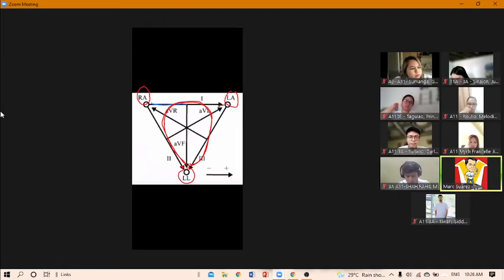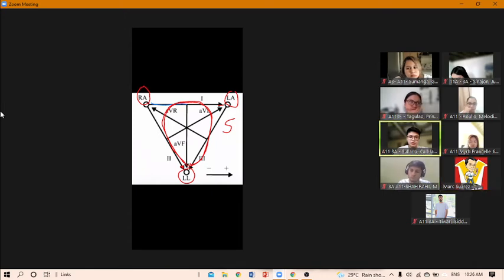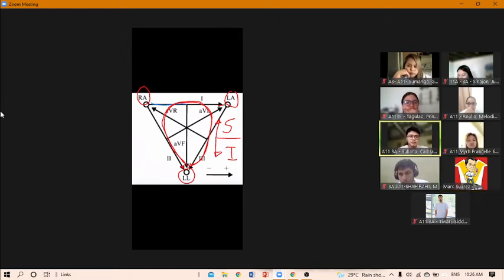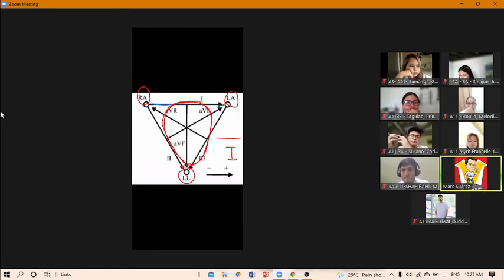When you say vertical, it's either superior or what's the opposite of superior? Inferior. So it's either up or down. Okay. So far, so good. Is the message clear?